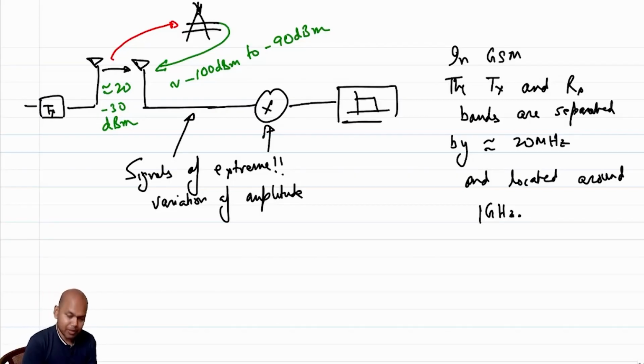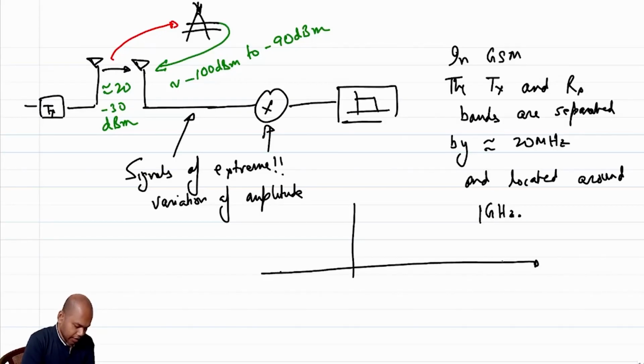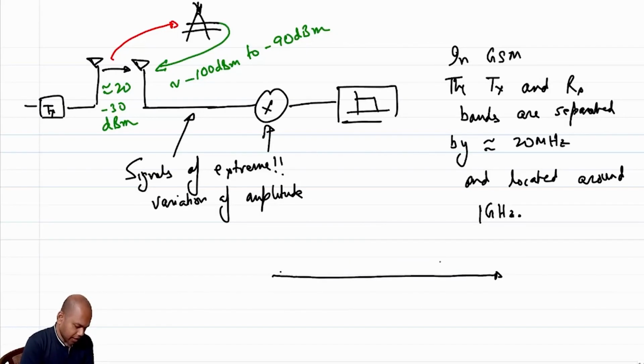So why is this information important? It's important because now if I sketch the GSM band, I don't need the y-axis for the time being. What am I saying? You have an RX band here and you have a TX band there.